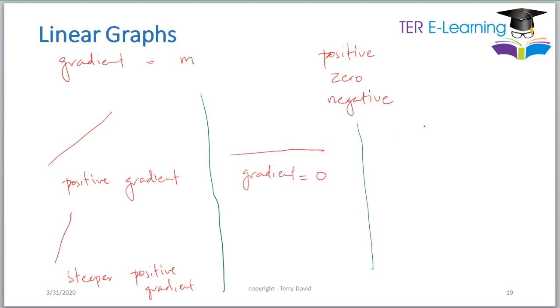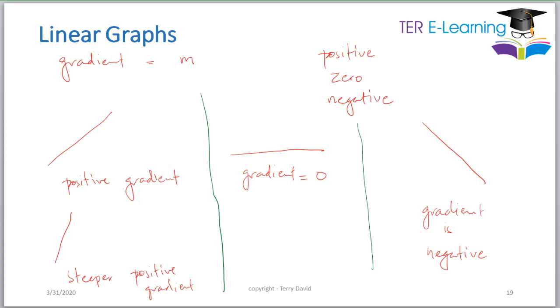If I have a line that is sloping this way, then the gradient is negative, right? You all following me? So just by looking at the graph, I can determine if m is going to be positive, negative, or 0, right?